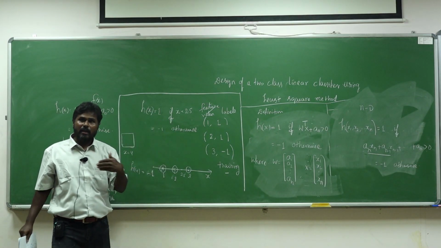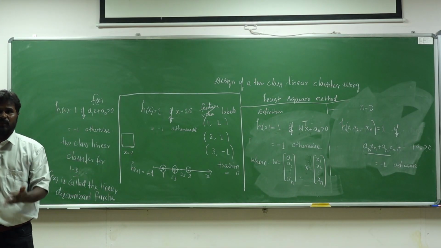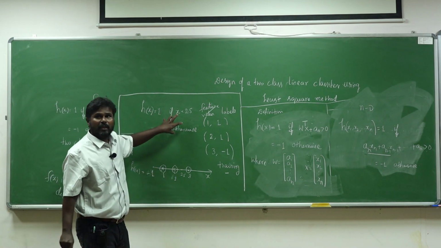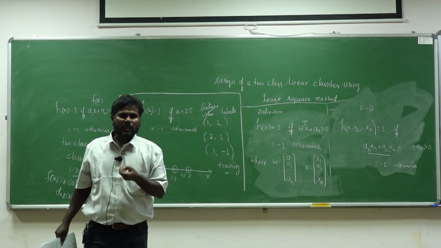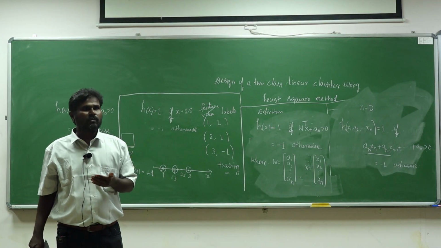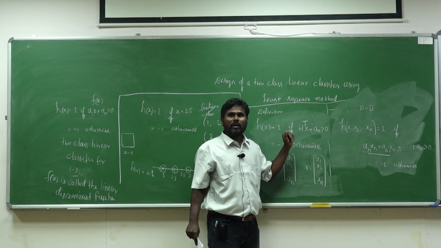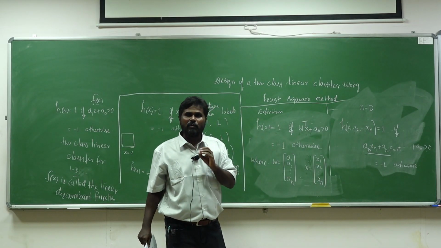Is there any formal method with which you can get the two-class classifier? For the given data, we need to train the classifier. What do you mean by training the classifier?